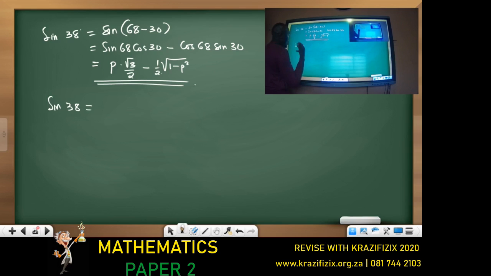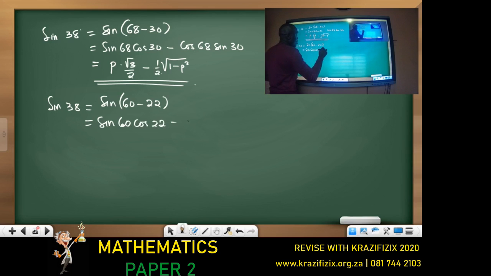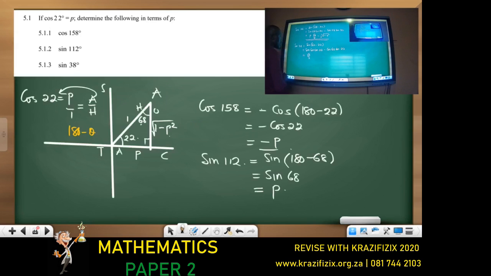Sine 38, I'm also thinking, can be written as sine of 60 minus 22. Yes. And this will give me sine 60 cos 22 minus cos 60 sine 22. Be familiar with the formula page. Sine 60 is root 3 over 2. Now, what is cos 22?